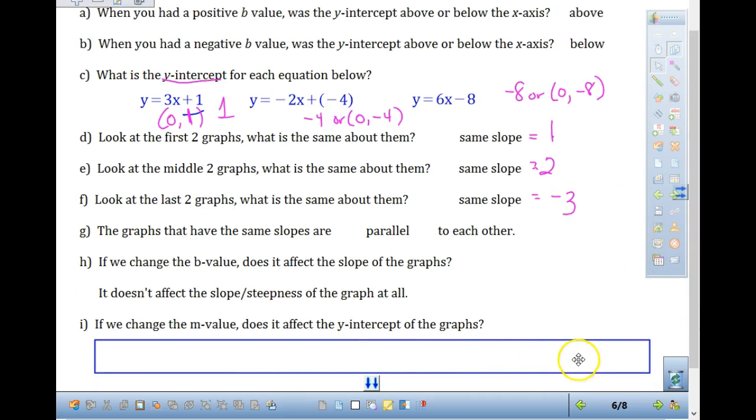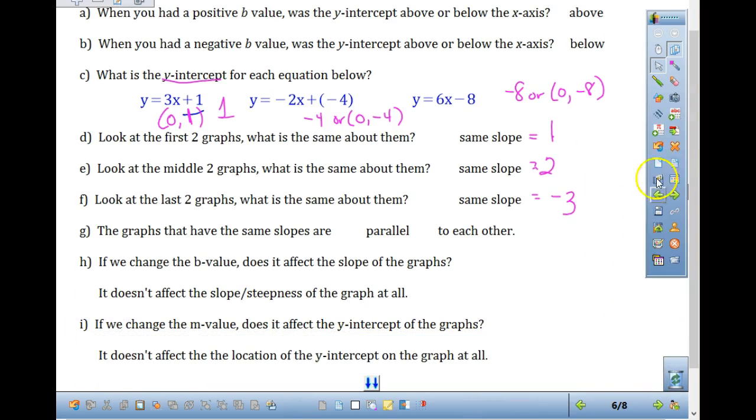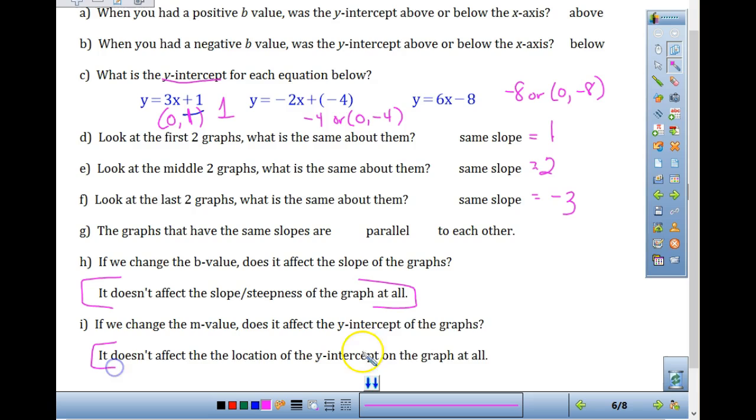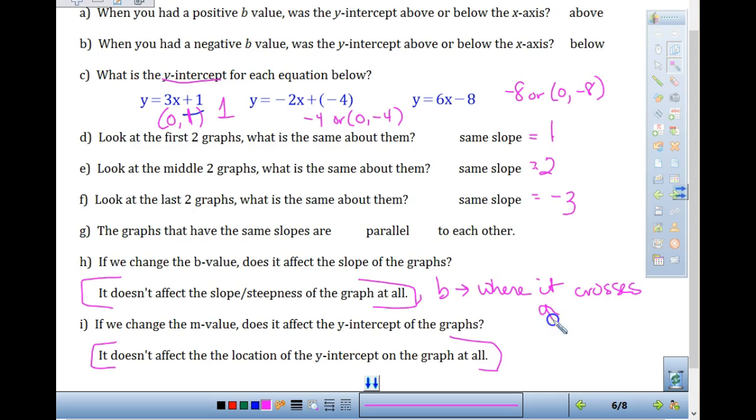What it does change is the location. So when we change the b value, it does not affect the steepness of our graph at all. The m affects that. The b value is where it crosses the y line. That's the only thing that the b value changes, where it crosses the y-axis.